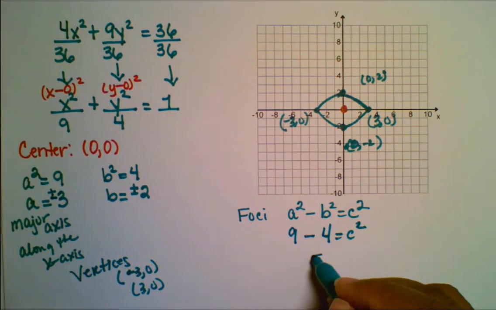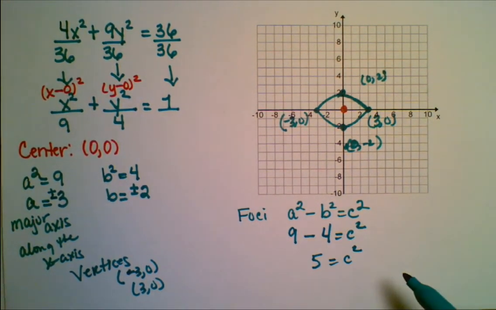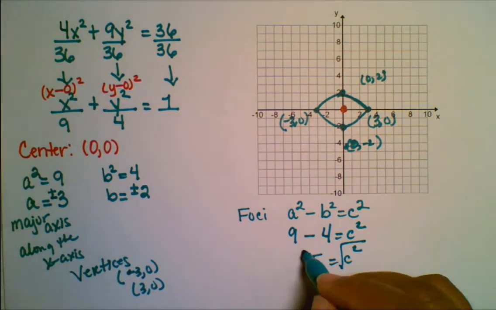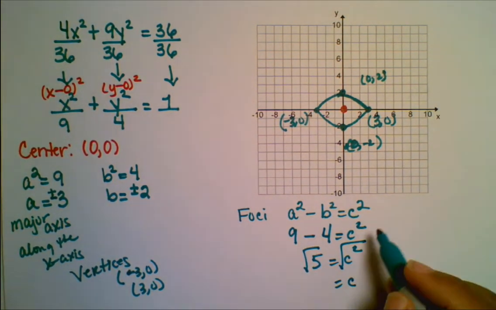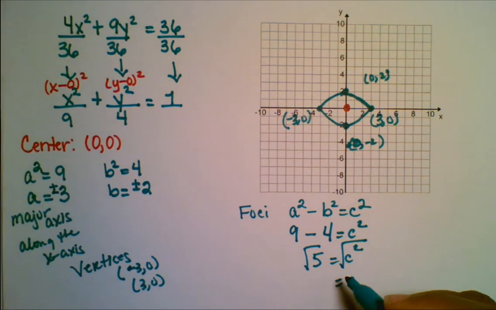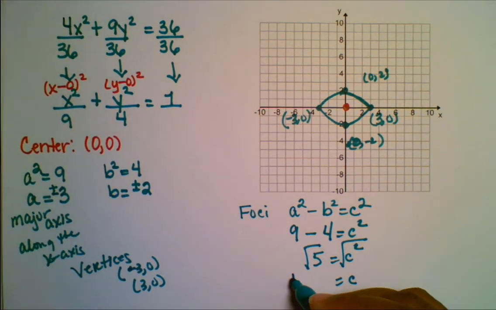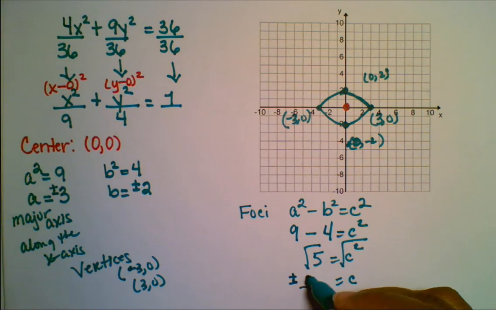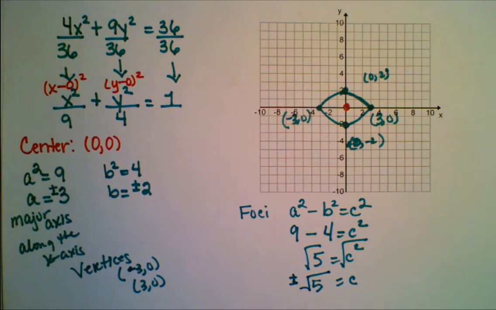Subtracting 9 and 4, we have 5 equals c squared. And to solve for c, we take the square root of both sides, and we have c is equal to plus or minus the square root of 5. And let's find out where the square root of 5 is.